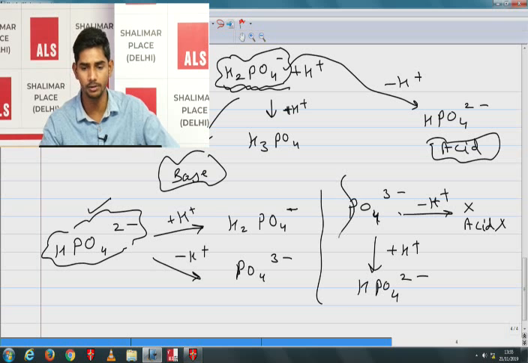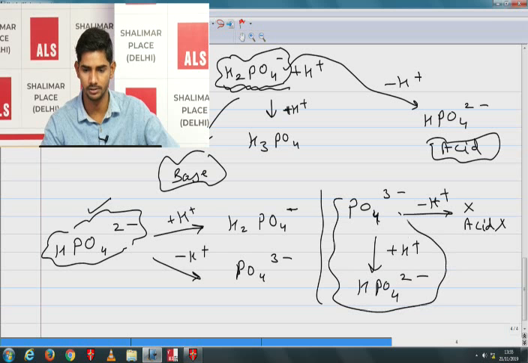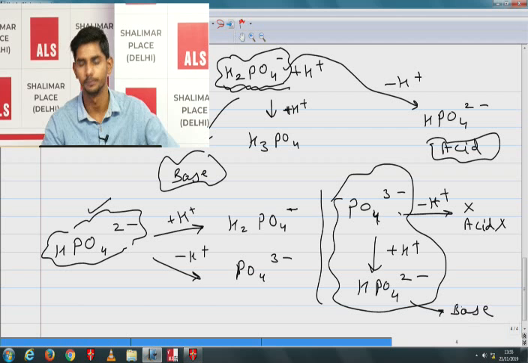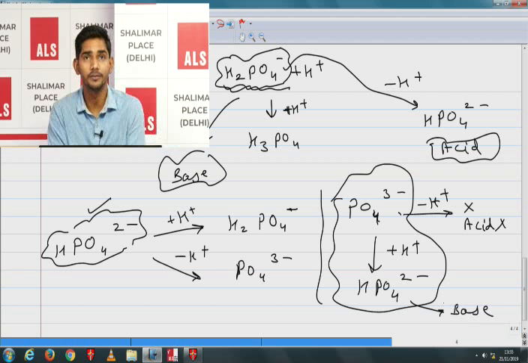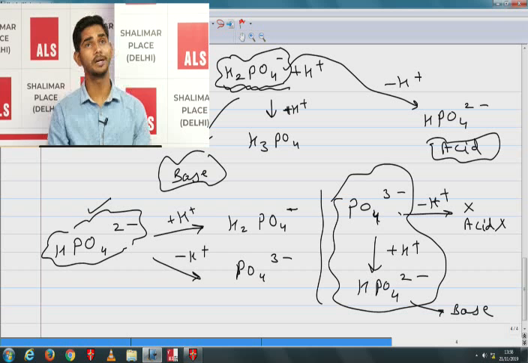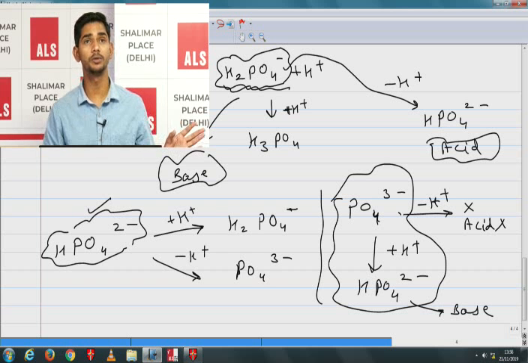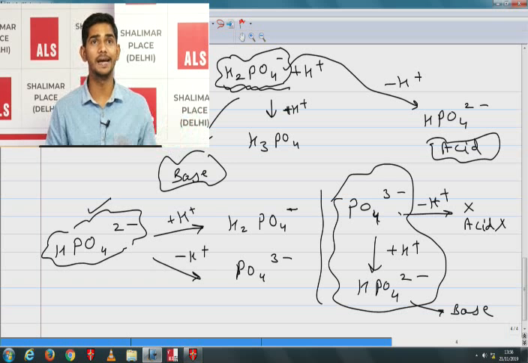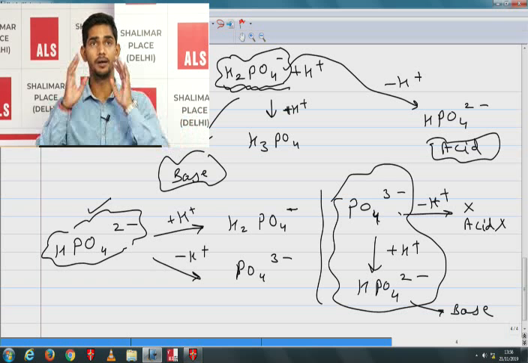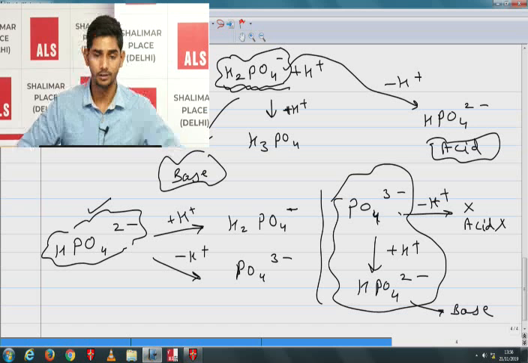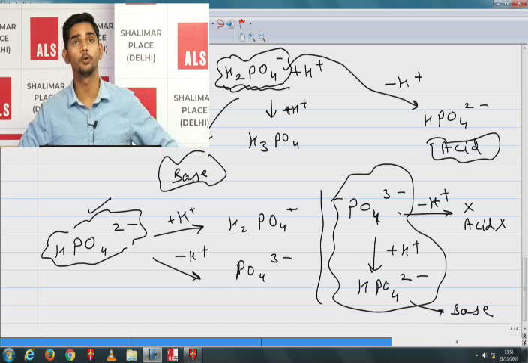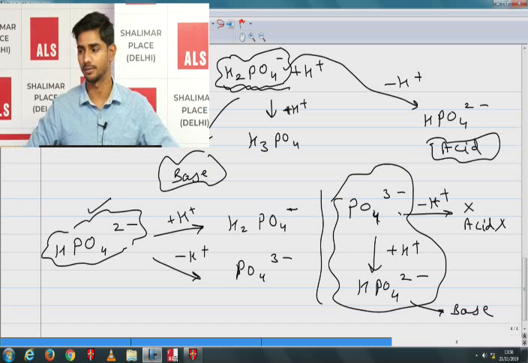So this particular process will be what? Base. That's why we are saying that PO4 3 minus can only behave as a base, H3PO4 just as an acid, whereas the middle part, H2PO4 minus and HPO4 2 minus, can be amphiprotic substances.